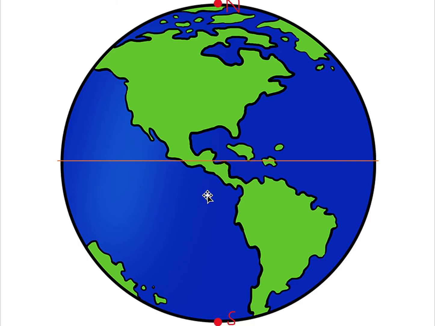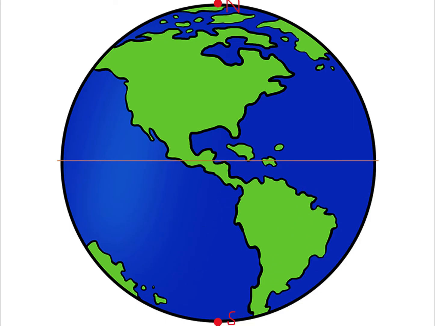Whenever we divide the Earth into North and South, those are called hemispheres. So all of this at the top over here is the North, the northern hemisphere, and everything at the bottom of the line is called the South, the southern hemisphere.